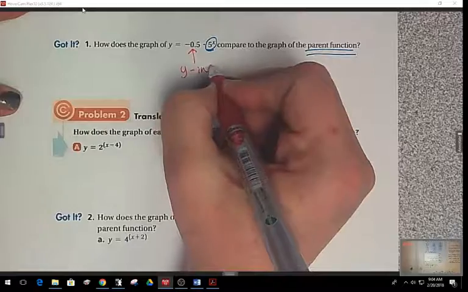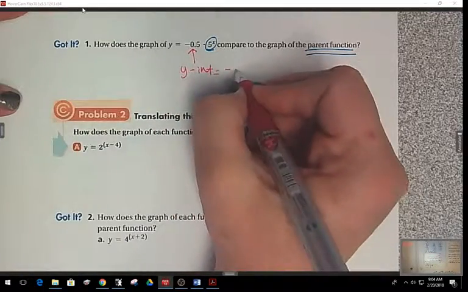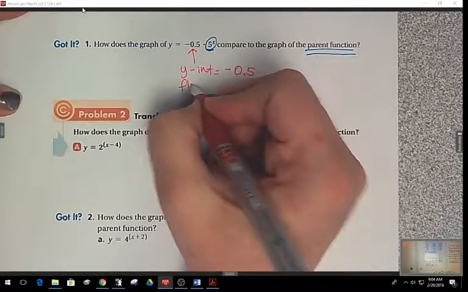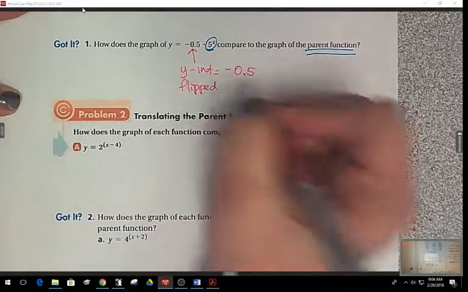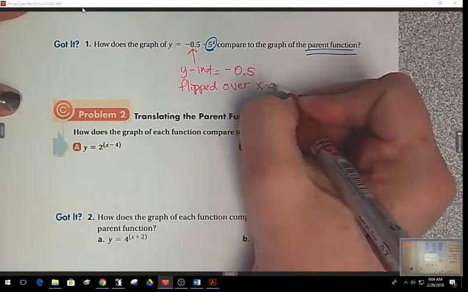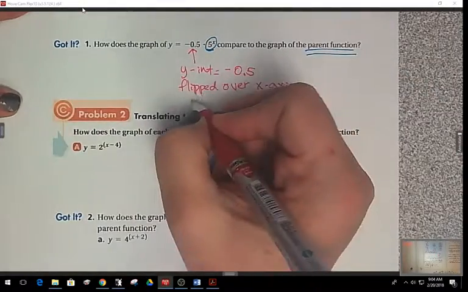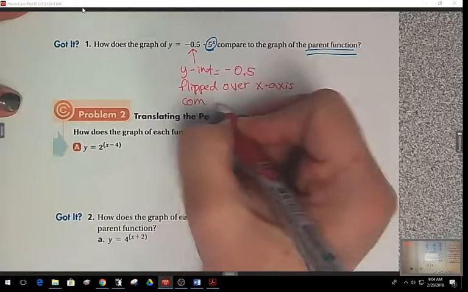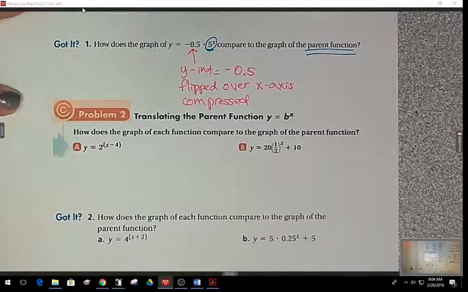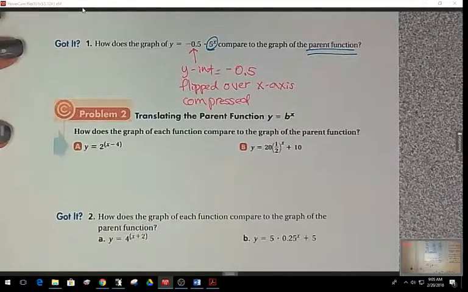It makes your y-intercept equal to negative 0.5. It is flipped or reflected across the x-axis, and it is going to be compressed because 0.5 is between 0 and 1.